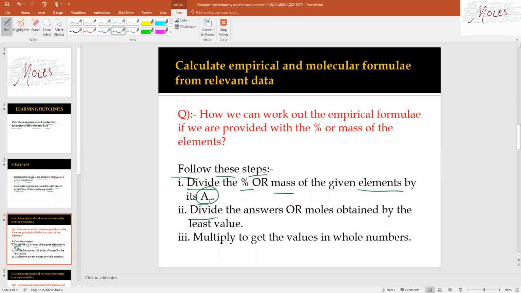Second step, divide the answers or moles obtained by the least value. Third step, multiply to get the values in whole numbers. This one is optional. If required, we will do this. Otherwise, we will continue to get our answer.